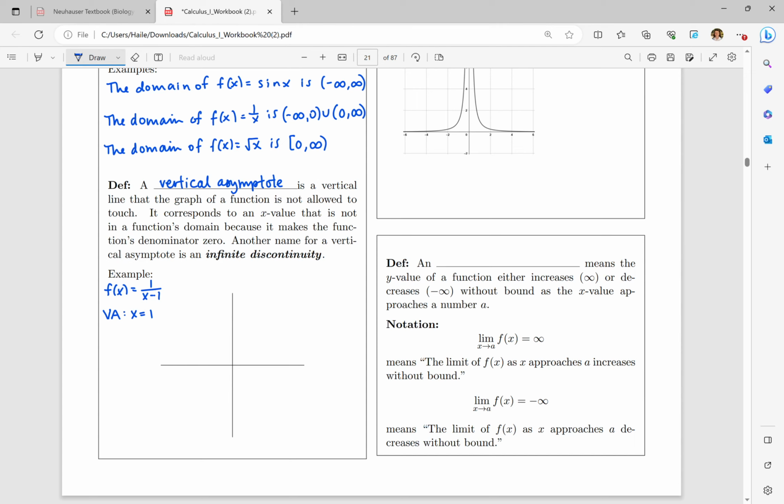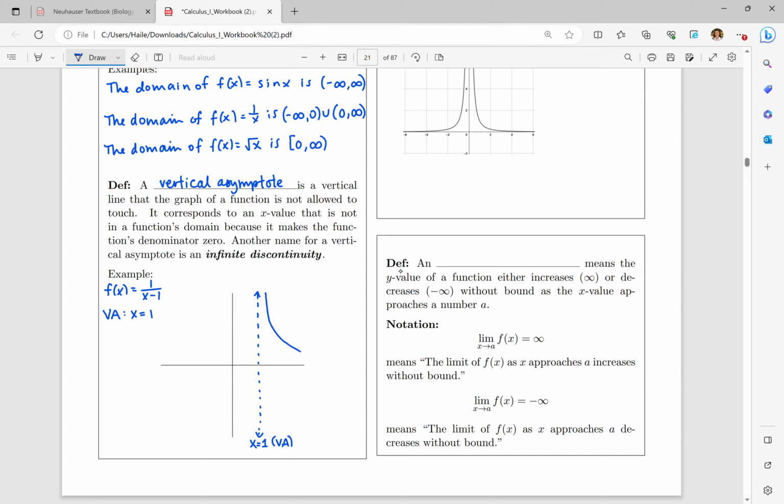So as a picture, we could draw a vertical line at x is equal to 1. Maybe I'll label it down here. X is equal to 1, and that's the vertical asymptote. And then my function, 1 over x minus 1, is going to be a lot like 1 over x.